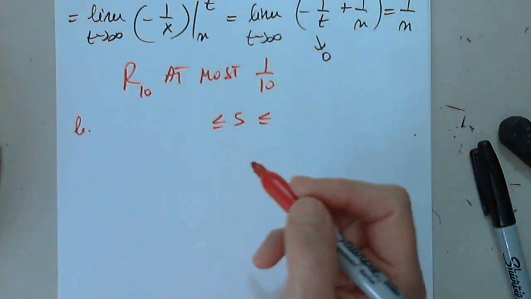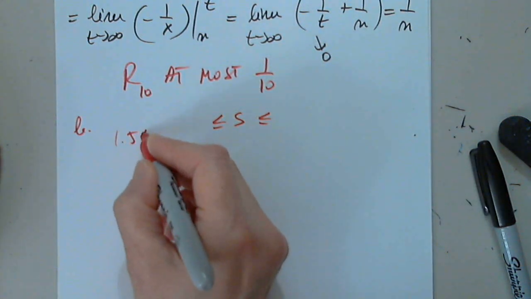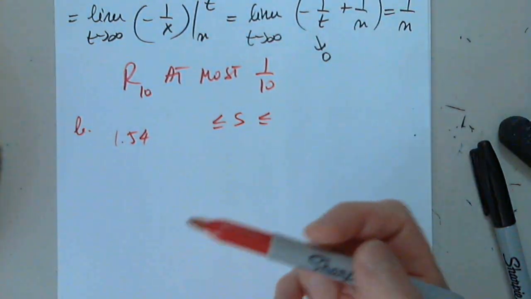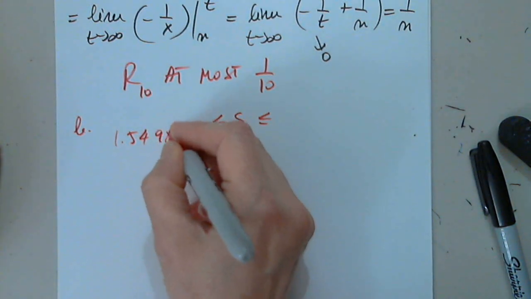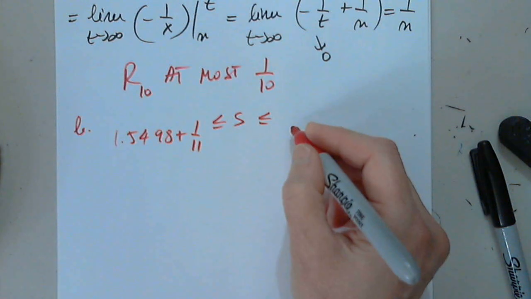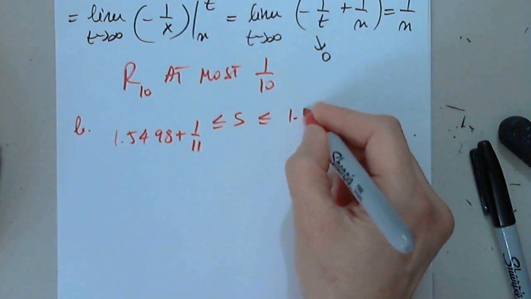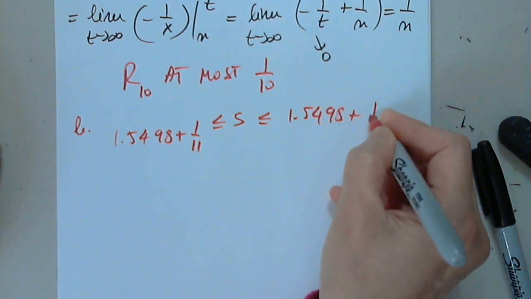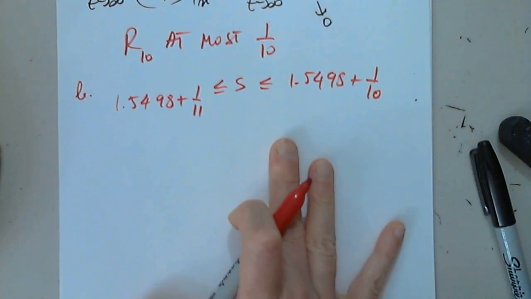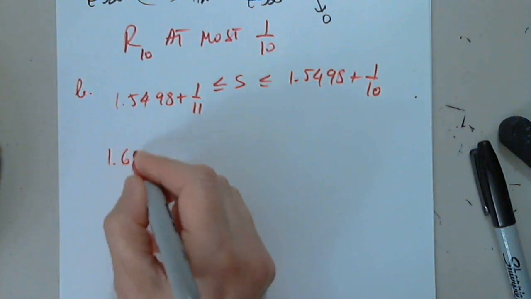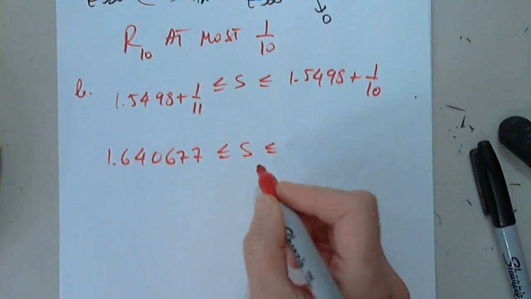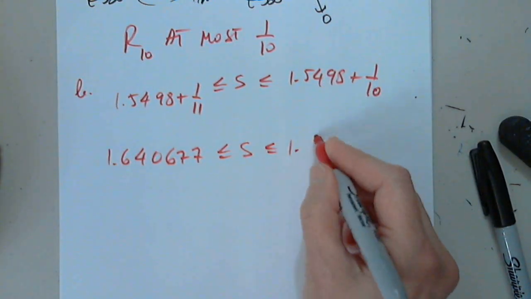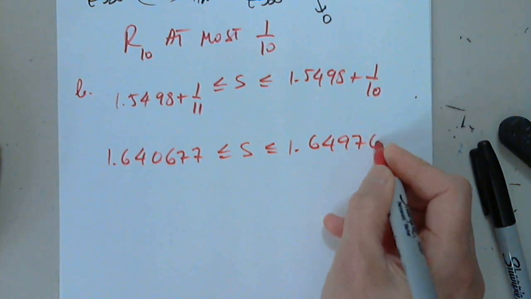You have the entire number, but I'm going to write just 1.5498 plus 1 over 11 on one side, and 1.5498 plus 1 over 10 on the other side. What I got here was 1.640677 less than or equal to the exact sum, less than or equal to 1.649768.